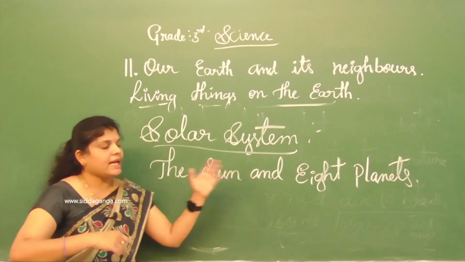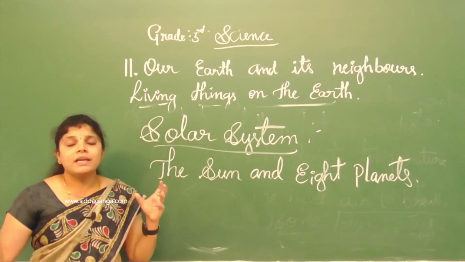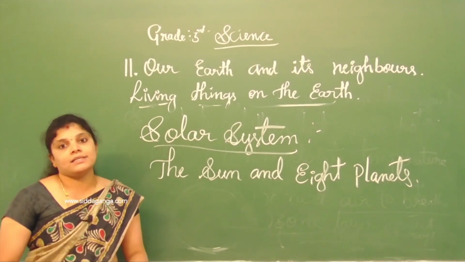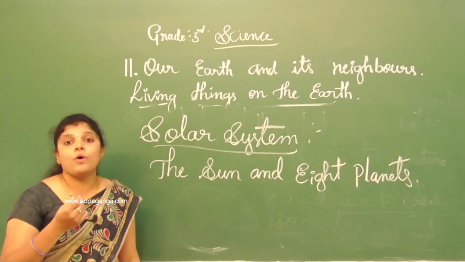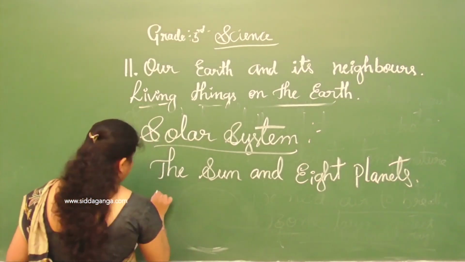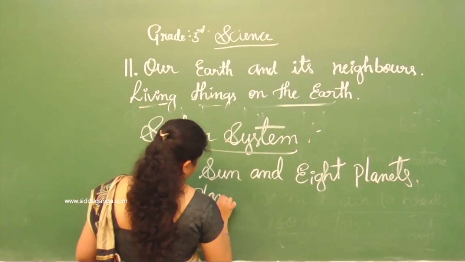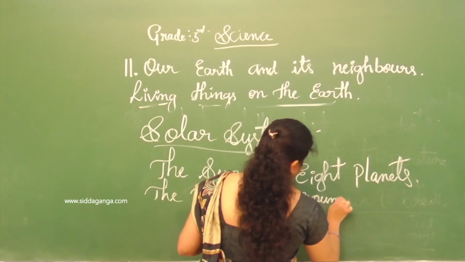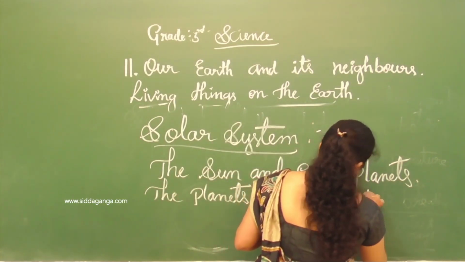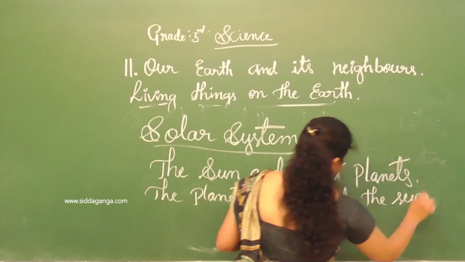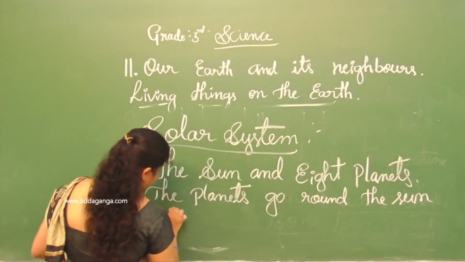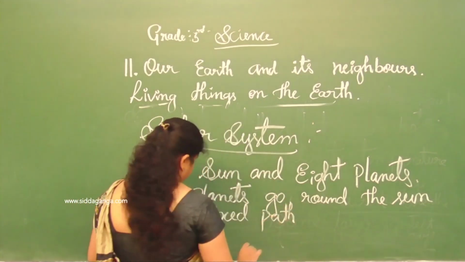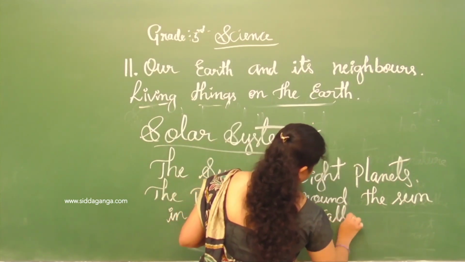And see, these 8 planets always revolve around the sun on their own axis or their own path, which is called what? Orbit. See, orbit means the planets go round the sun in a fixed path, called orbit.